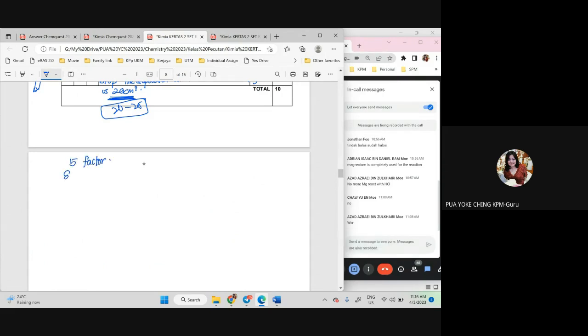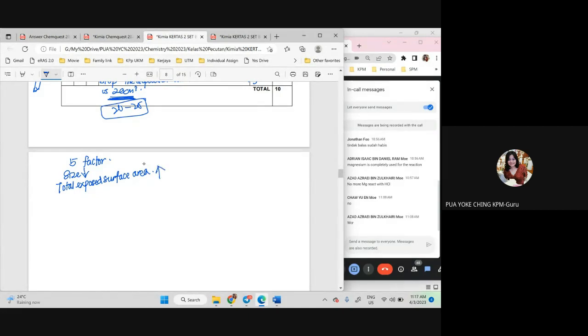So the first factor size kita dah belajar. And then the second explanations of the size is total exposed surface area. Satu pun tak boleh kurang. Size kecil, total exposed surface area besar.